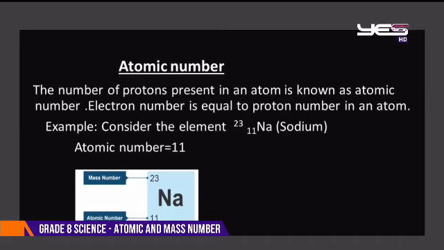It contains 11 protons. And it contains how many electrons? It contains 11 electrons. That means an atom has equal number of protons and electrons. That means atoms are electrically neutral. That is about the atomic number. So one more time, what is atomic number? It is either the number of protons or the number of electrons in an atom.